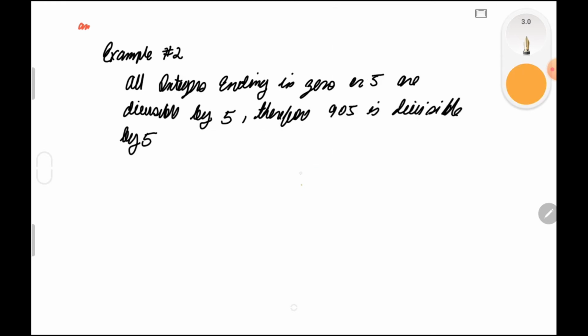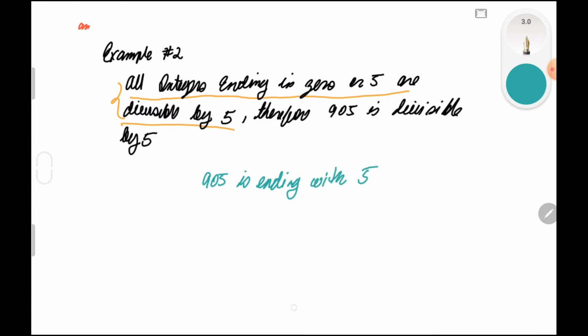So note that this is our premise. Okay? 0 or 5 are divisible by 5. So, the next statement we can put here is 905 is ending with 5. Okay? So, this can be our second premise that we can connect. So, from this, we can conclude that 905 is divisible by 5. This will be our conclusion.